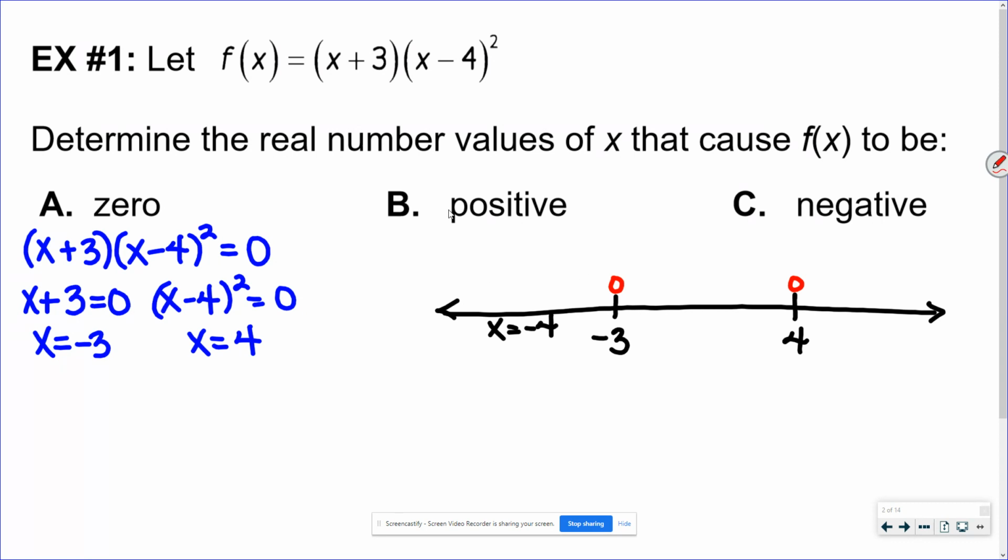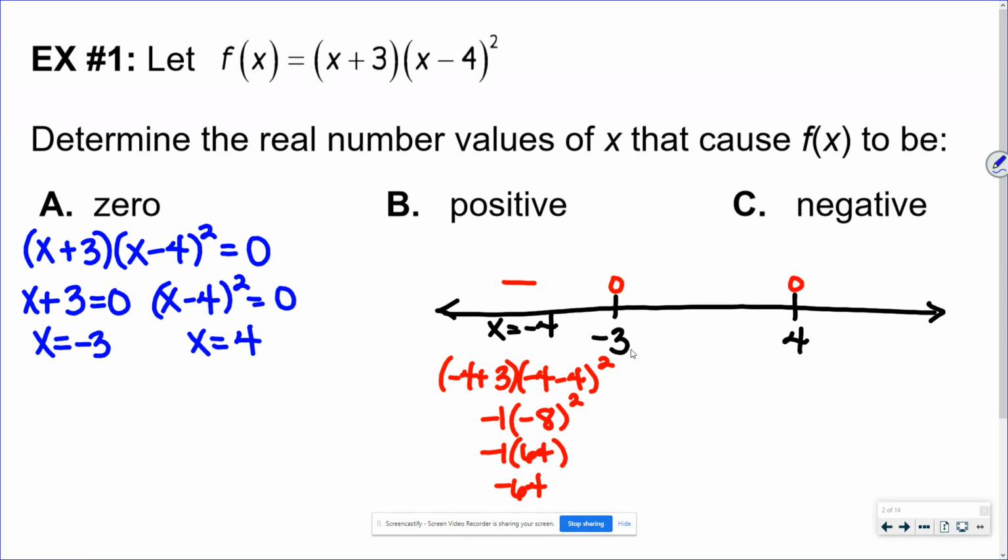So that would give me -4 plus 3 times -4 minus 4 squared. Then I would get -1 times -8 to the second power, which is -1 times 64. So it's a negative number. It's -64, but we don't really care that it's 64. We just care that it's negative. So I'm going to put a little negative sign right there.